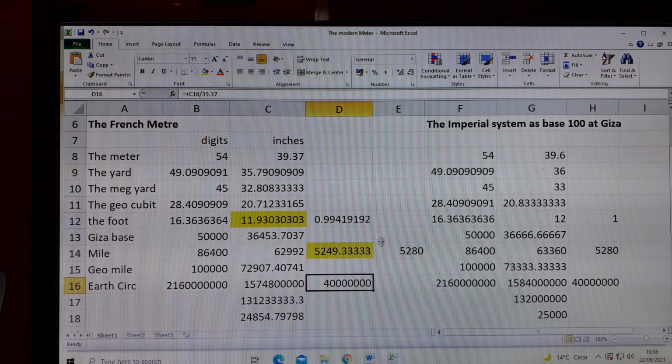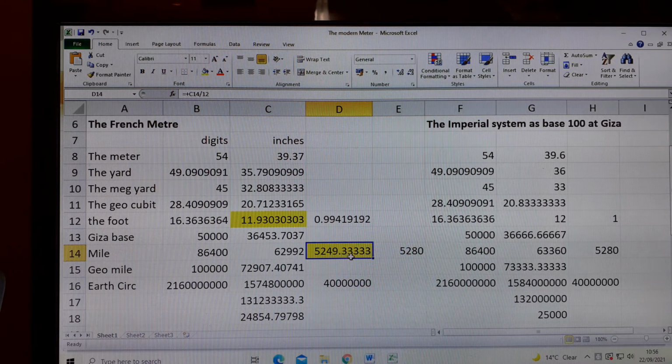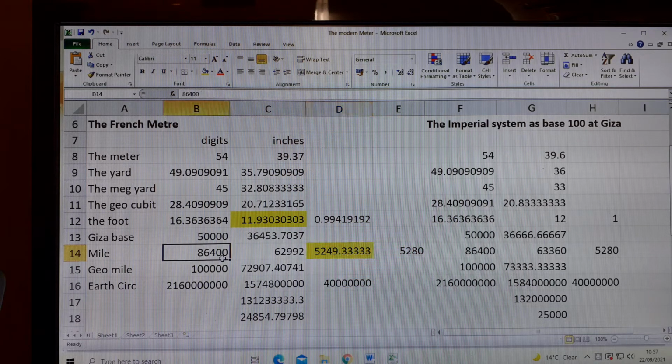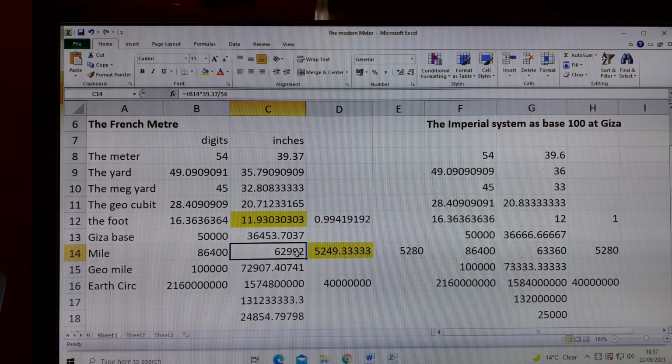Now this is the French system, and the French mile is 5249.333 imperial feet. And that's 86400 multiplied by the digit, which is 39.37 divided by 54, and we get 622992 imperial inches in the French mile, the modern French mile.